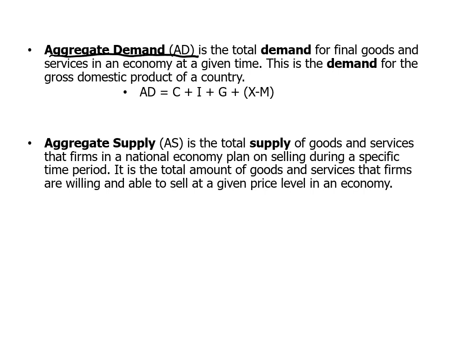What is aggregate demand? This is the total demand for final goods and services in an economy at any given time. This is demand for gross domestic product of a country.